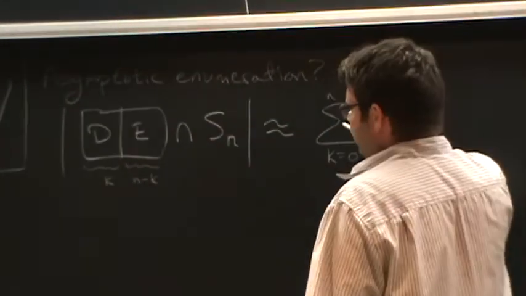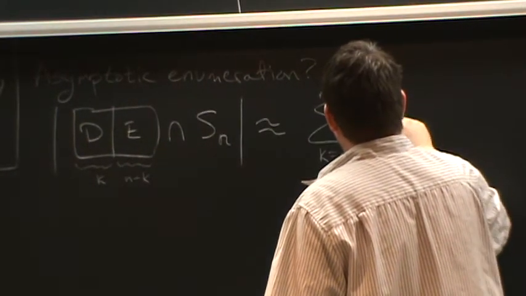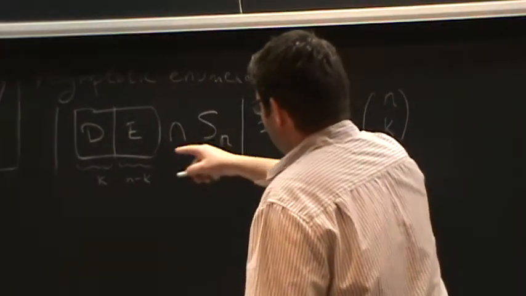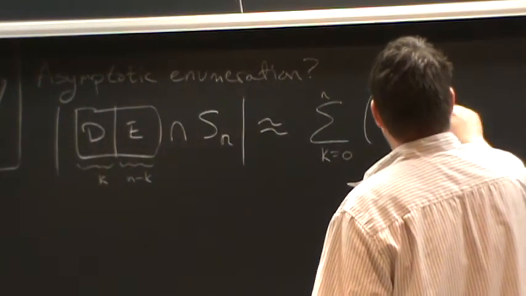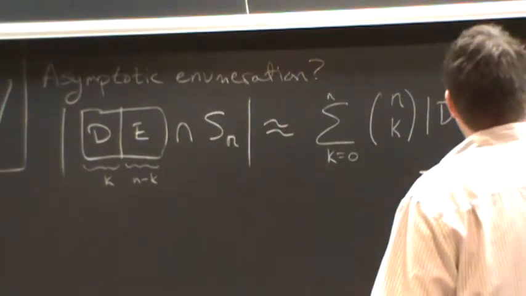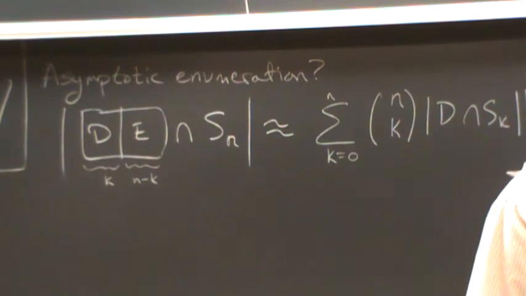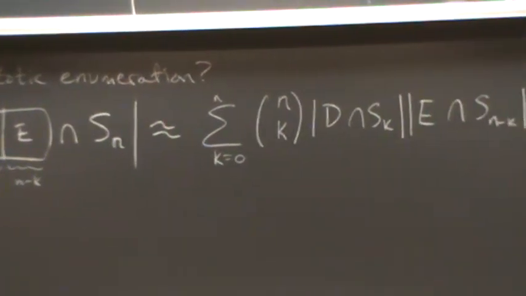the sum from k equals 0 to n of, well, we choose our values that the thing from D is going to get. Then we choose which thing in D we put in there, and then which thing in E we put in there. Okay. And that's that.